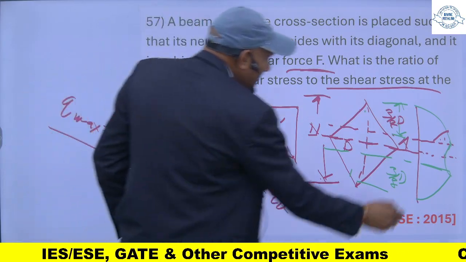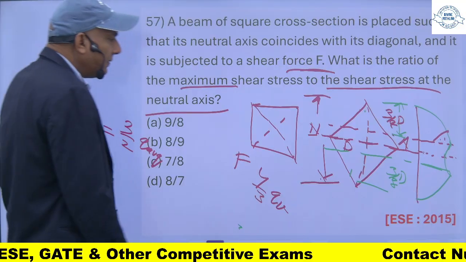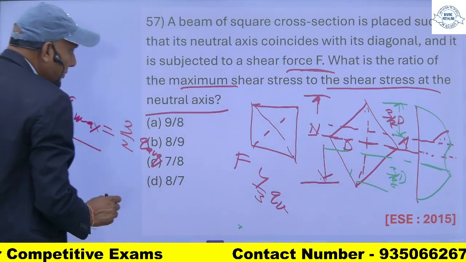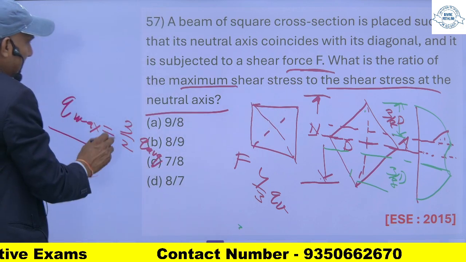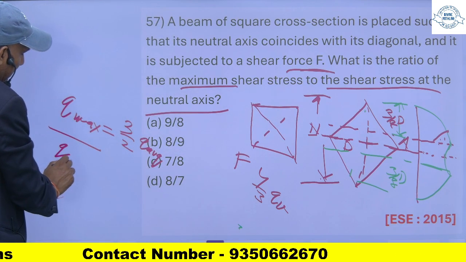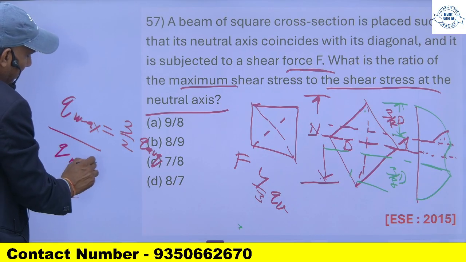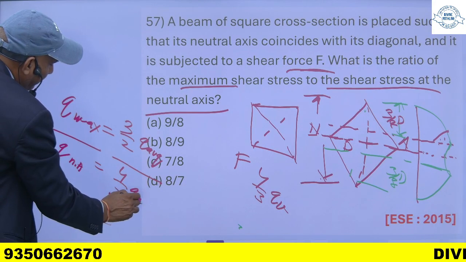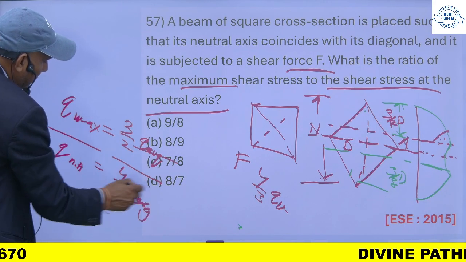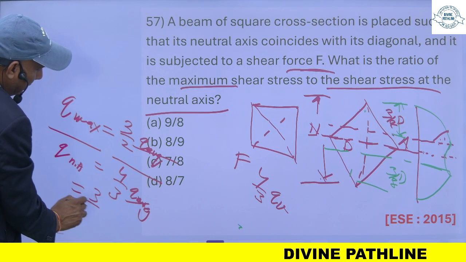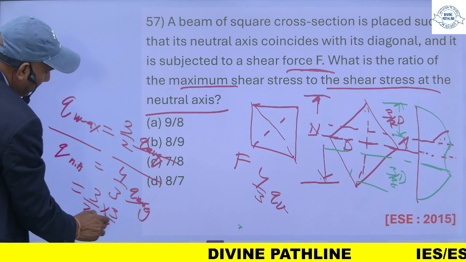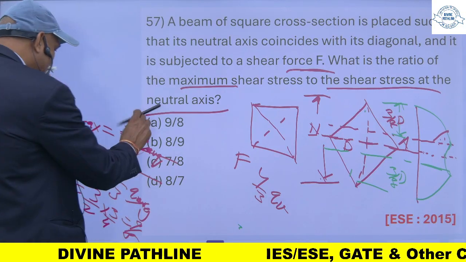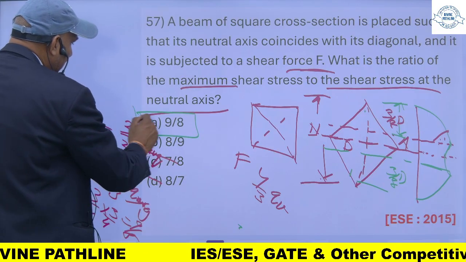So the ratio of the maximum stress to the shear stress at the neutral axis will be 3/2 into 3/4. It will be 9/8. This one is the right option.